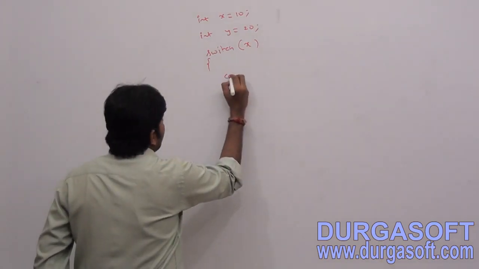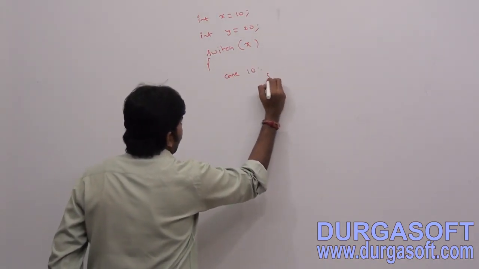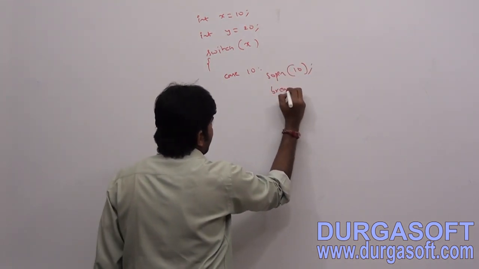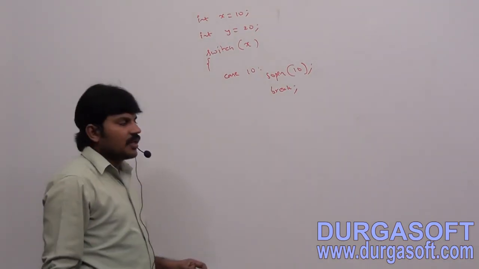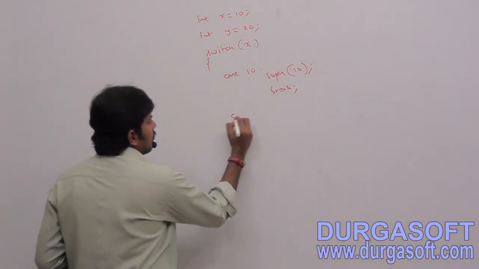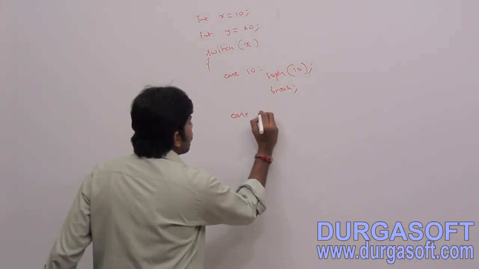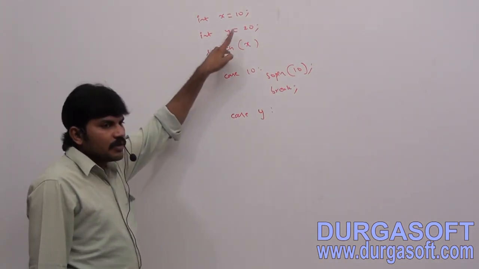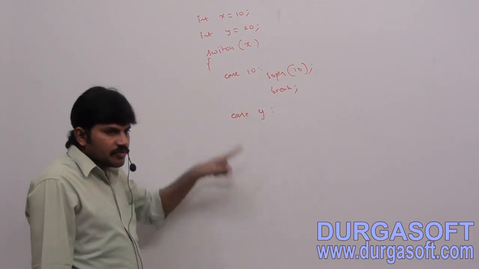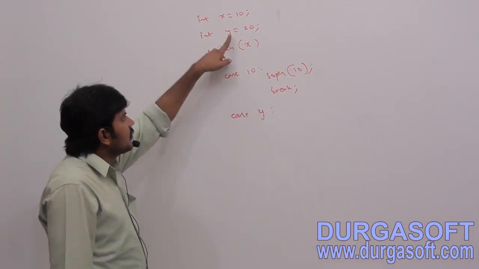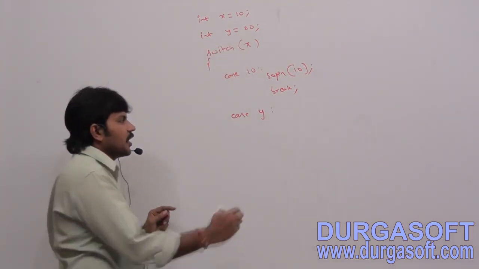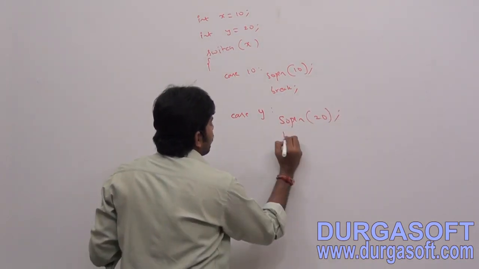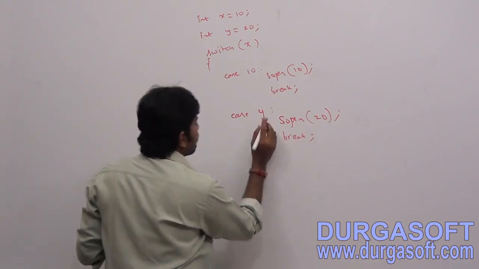Here, case 10, system.out.println of 10, break. Then case y, because we know what the y value is: 20. Actually my target is case 20, but y is already pointing to 20. That's why case y, system.out.println of 20, break.